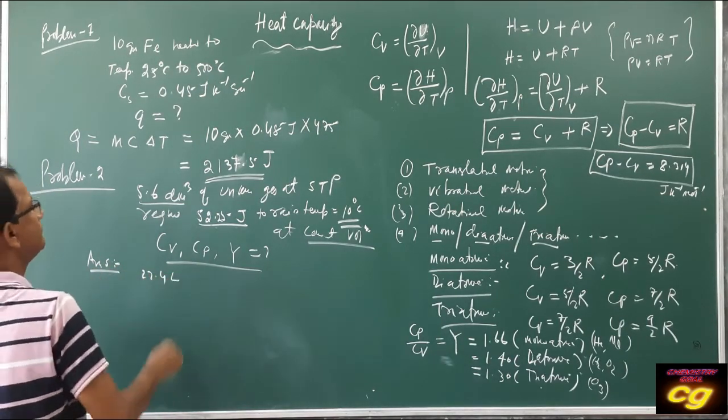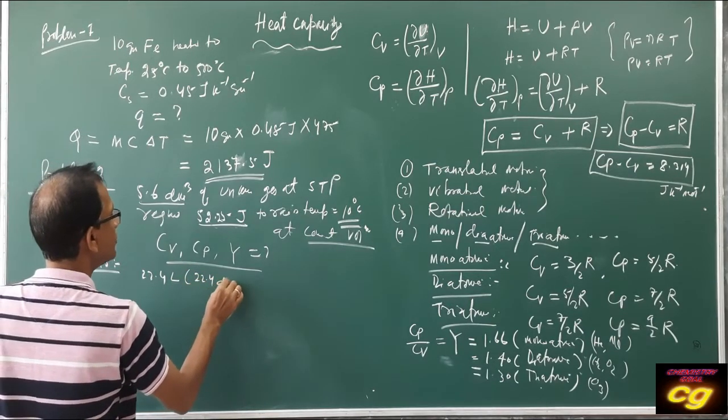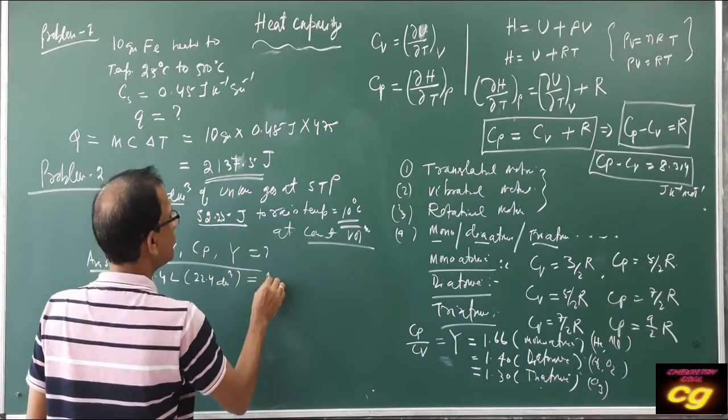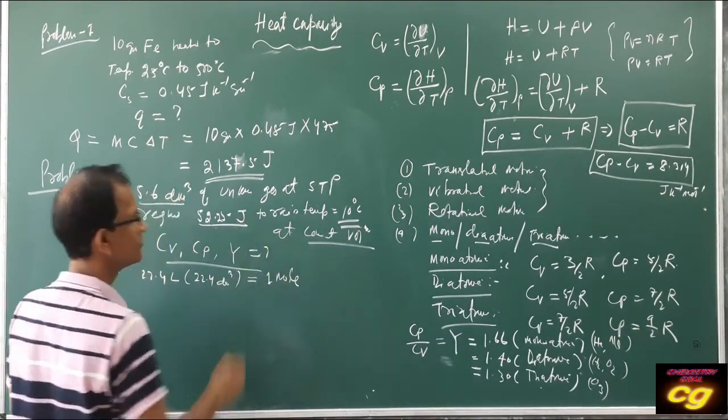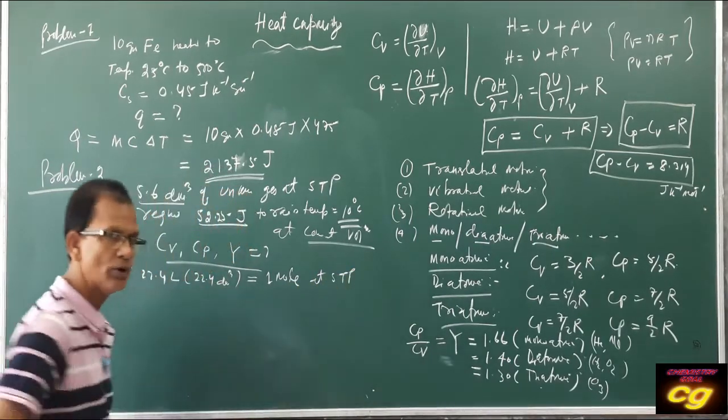We know that 22.4 liter, which is equivalent to 22.4 dm cube, both are the same, is equal to 1 mole at STP. Already you know this mole concept.